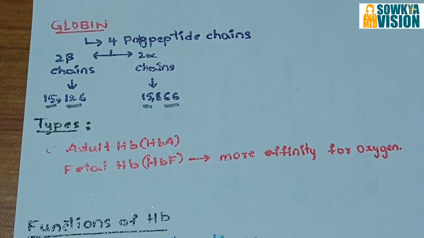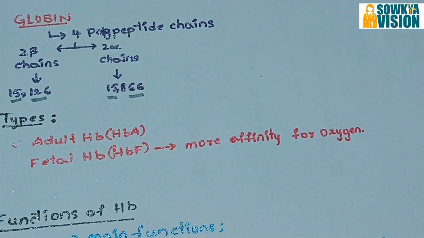Now, there are 2 types of hemoglobin in the human, the adult hemoglobin and the fetal hemoglobin. The fetal hemoglobin has more affinity for oxygen, to bind with the oxygen and transport it in the blood.